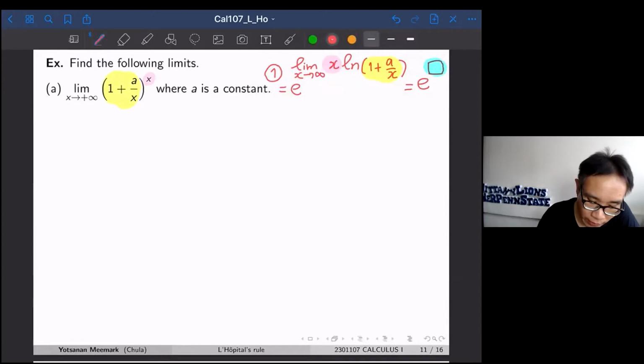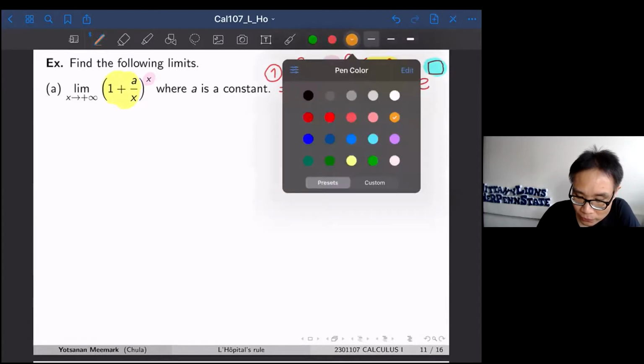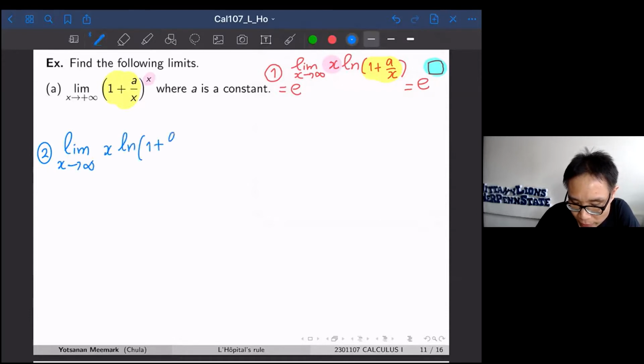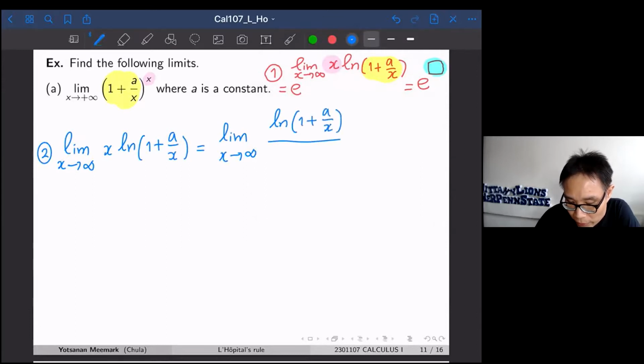And then the second step, you're going to compute the limit as x goes to infinity of x log(1 plus a over x). Okay, so this one by using L'Hopital, it's going to be infinity, and you have log(1 plus a over x) and 1 over x like this.